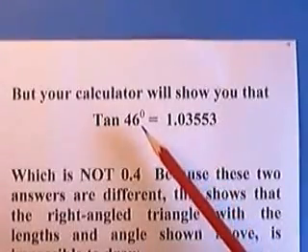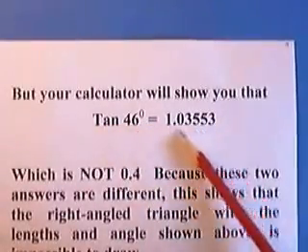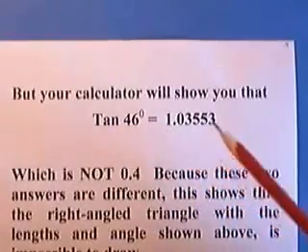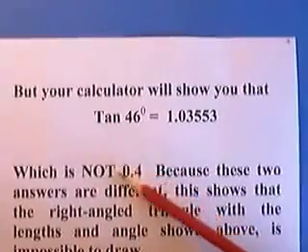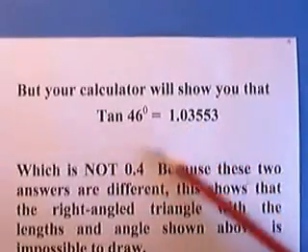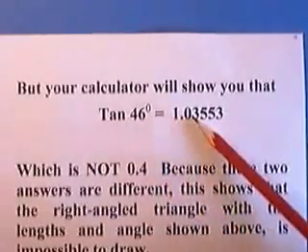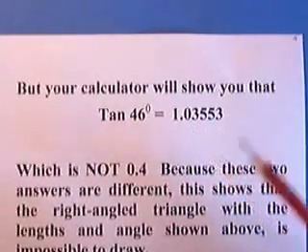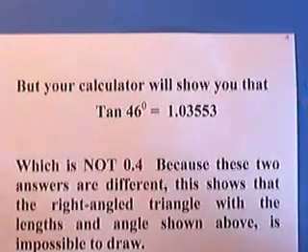So in other words, the tangent of the angle is really equal to that. When you divide the two lengths of the triangle given, they come to 0.4. These two decimals do not match, and because they are different, it shows that that triangle which has been given to you is impossible to draw.